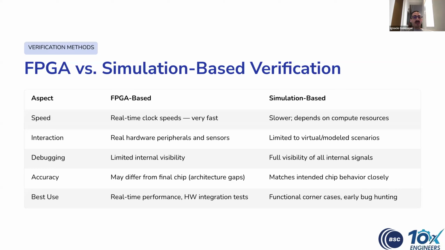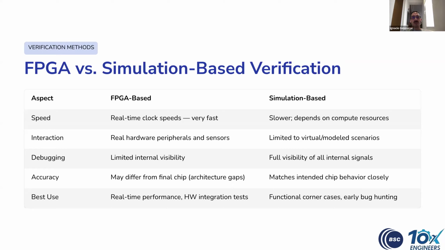Comparing FPGA versus simulation, well, FPGA speed is almost near to real time. It's very fast. Simulation is slower and depends on the compute resources. With the FPGA, we can interact with actual peripherals or sensors, and simulation is limited to virtual or model scenarios. Debugging on FPGA is really difficult because we have little visibility of the design.